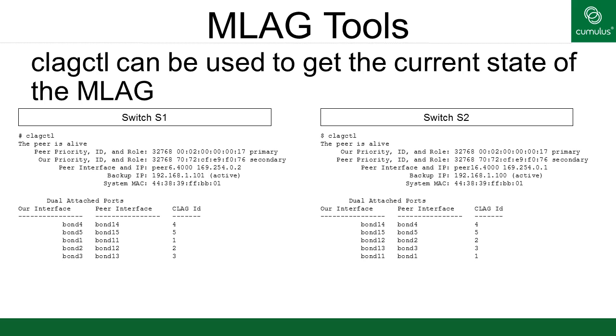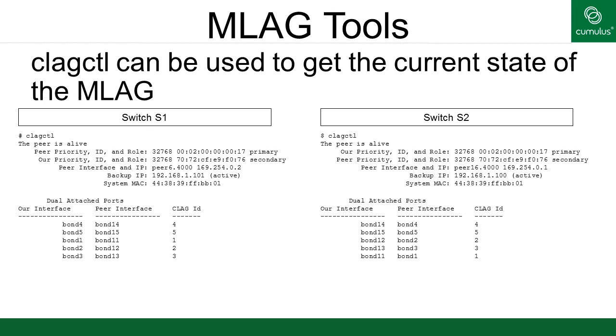Those items there, the priority and ID. The priority is what determines who is the primary. And in this case, the priorities were the same because they weren't assigned. And the default priority is 32768. And so the tiebreaker is the ISL's MAC address, the MAC address of the interswitch link. And you can see that the peer had the lower MAC address, and so he won.